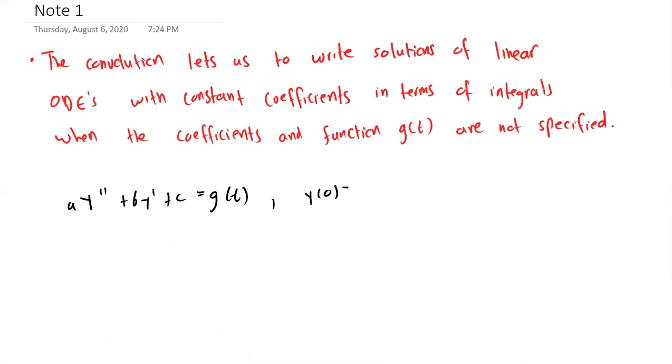Y of 0 equals, let's give them names, y naught, and then y prime of 0 equals y1. So you can actually find the general solution for this ODE with the only assumption needed being that g of t has a Laplace transform.